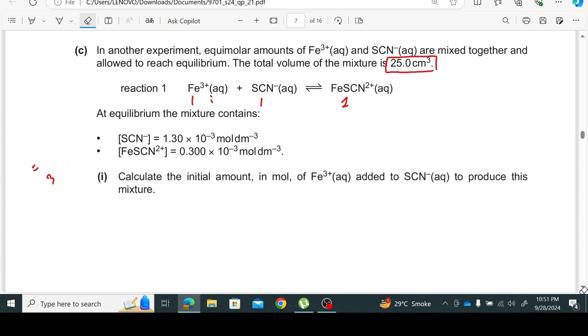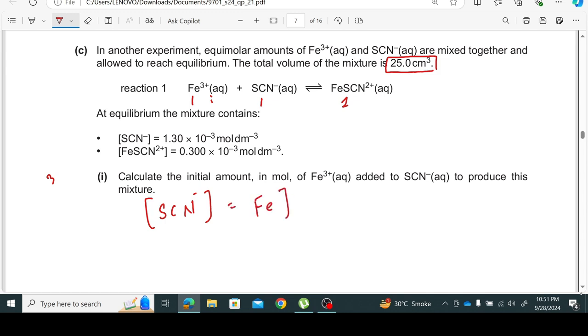Here we have reactants with the same ratio. So the SCN negative concentration, one of the reactants, will become equal to the concentration of Fe3+ minus the concentration of FeSCN2+.